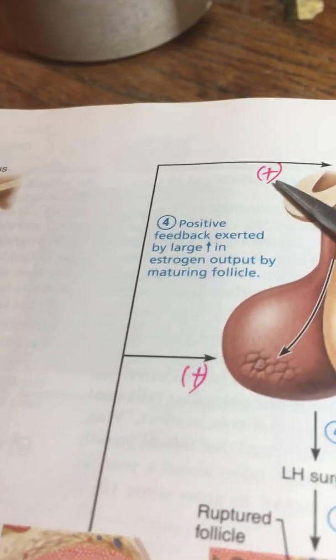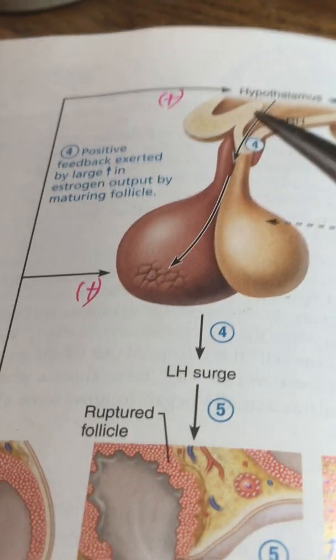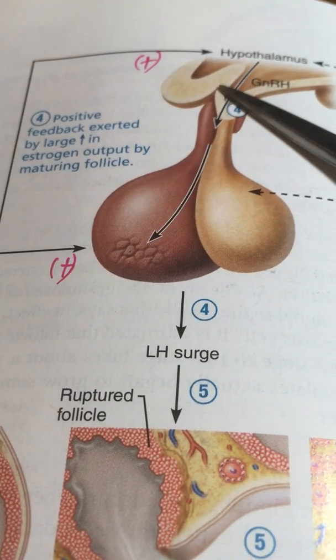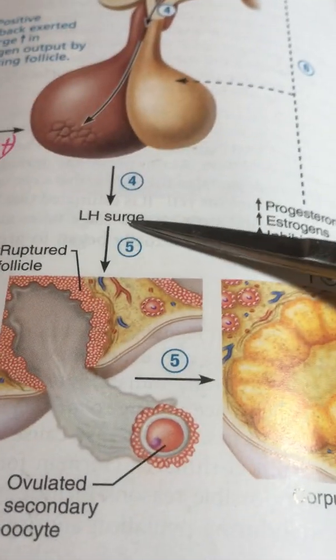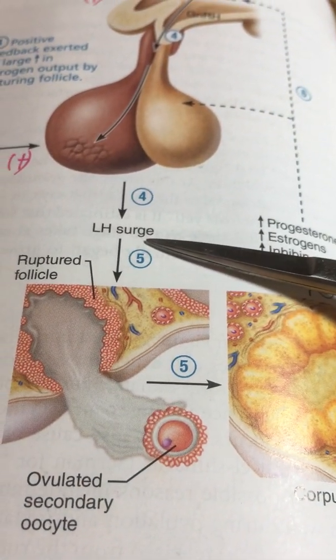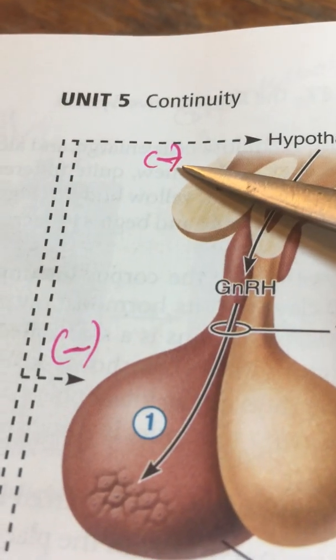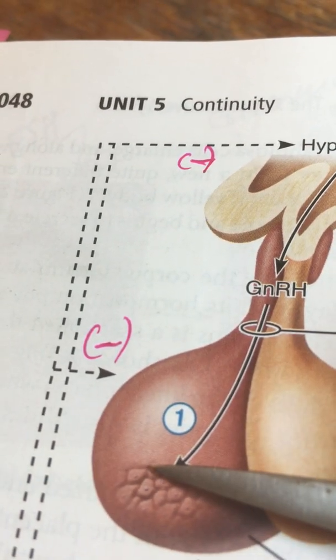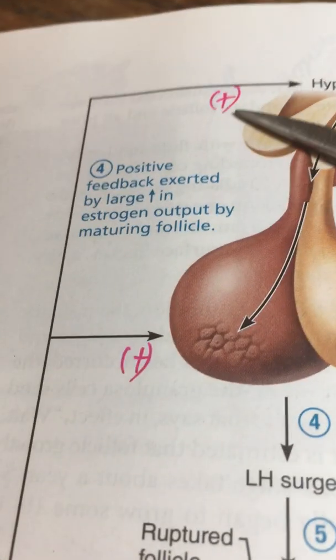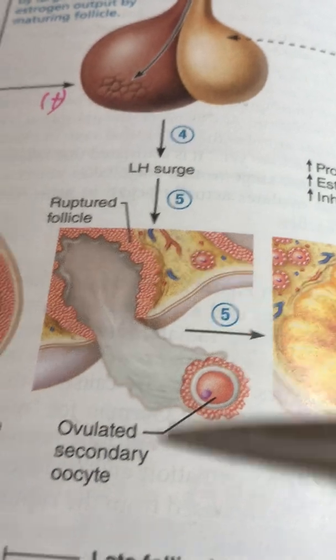So here I'm showing you positive signs in terms of the hypothalamus and the anterior pituitary, and we get a surge, in this case of LH. Instead of a negative feedback system that we were seeing over here, turning off the hypothalamus and pituitary, now we're seeing a turning on and a surge.